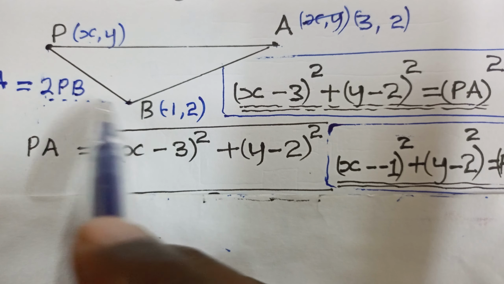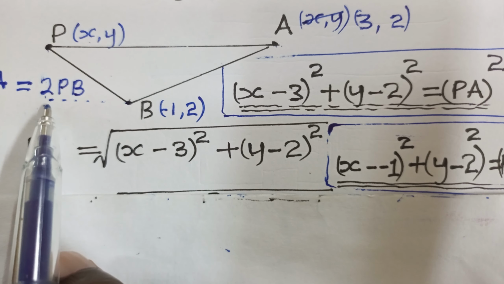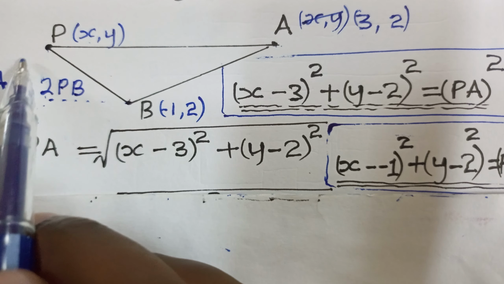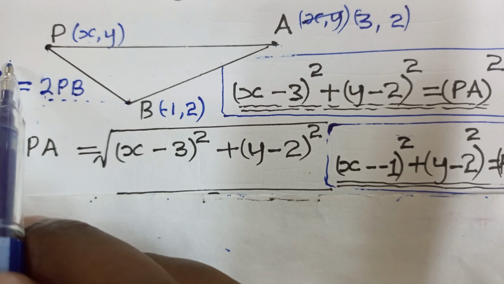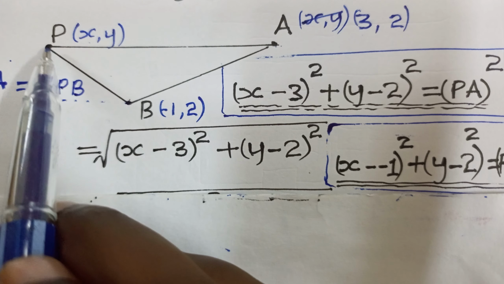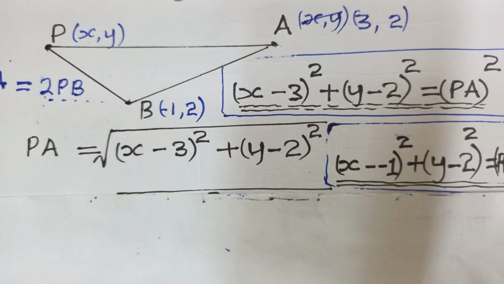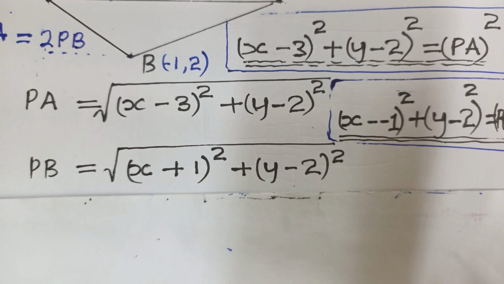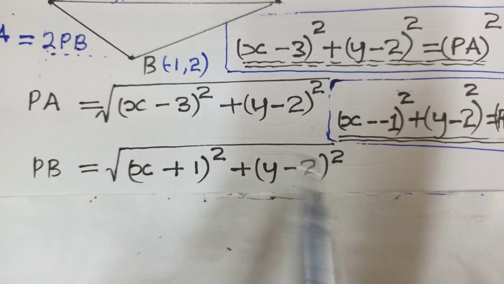On the x-axis, it is going to be x plus 1, and on the y-axis, it will be y minus 2. If we square these, we shall be able to get that, and then we can get the square root to get the PB.